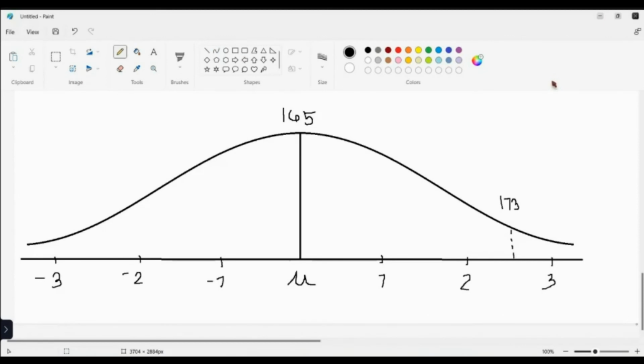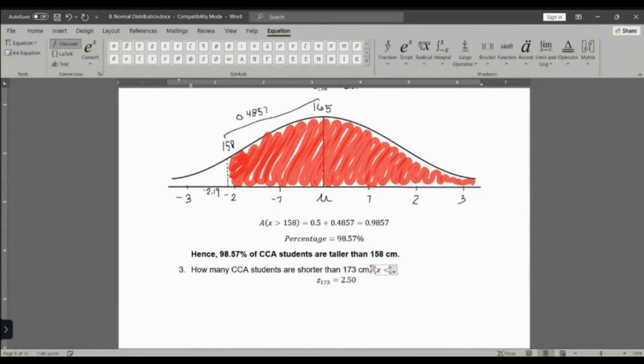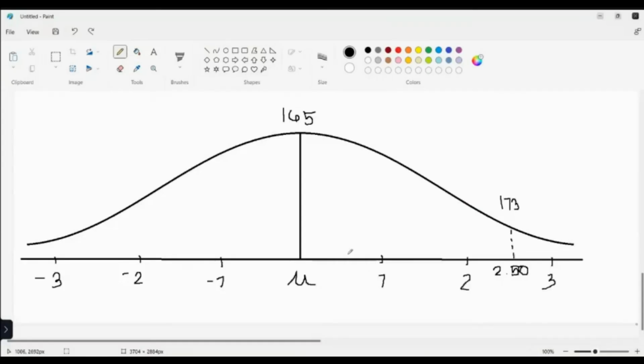Which side are we going to shade? Is it the right or the left side of 173? Left or the right side? Left side po. Okay, the left side, since shorter na yung kailangan natin. So in symbol, we are looking for the number of CCA students whose height is less than 173 centimeters.